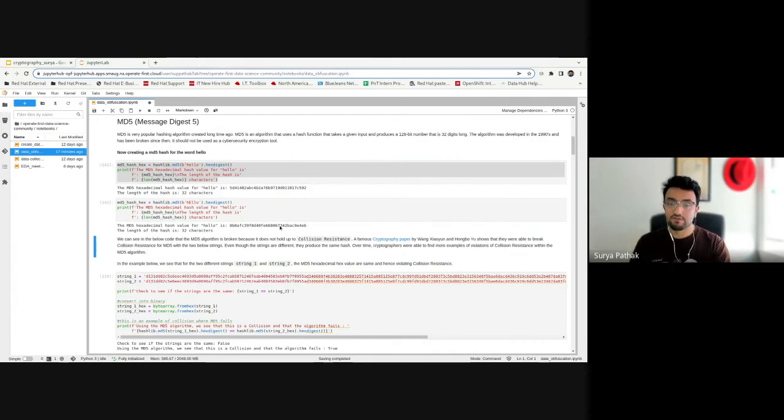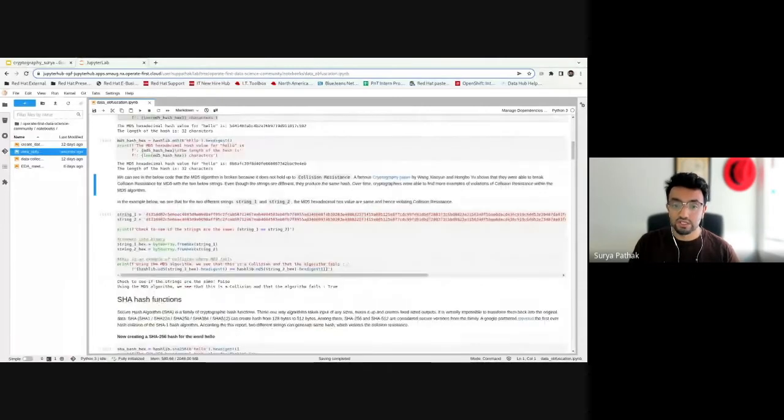So this is the MD5 hashing algorithm, but later it turned out to be very ineffective because it does not hold up to collision resistance. This famous cryptographic paper, linked over here, shows that we have two strings which are different and which produce the same MD5 hashed values.